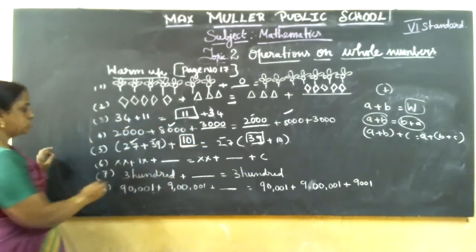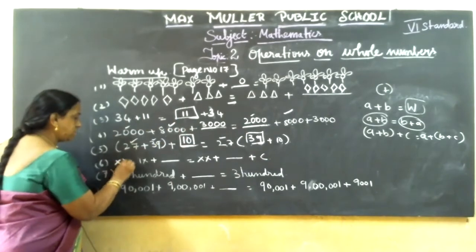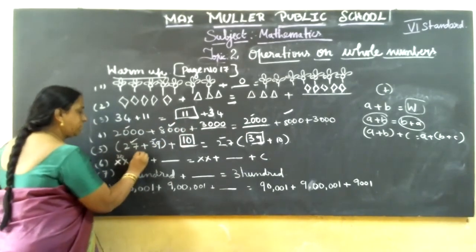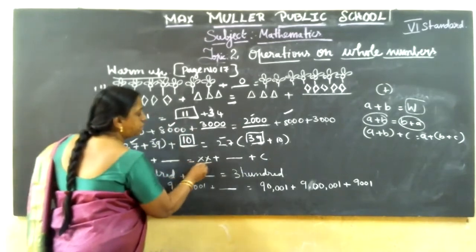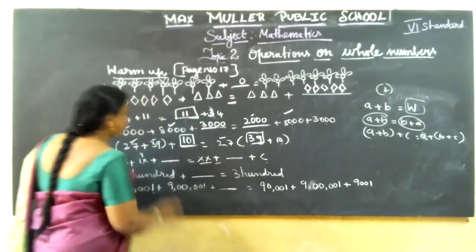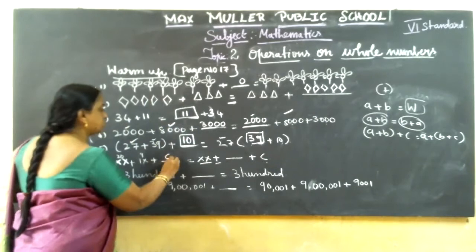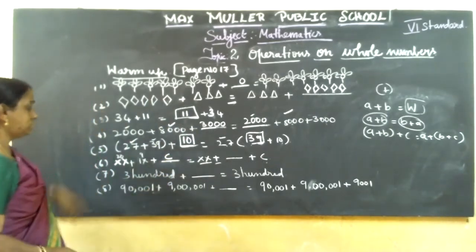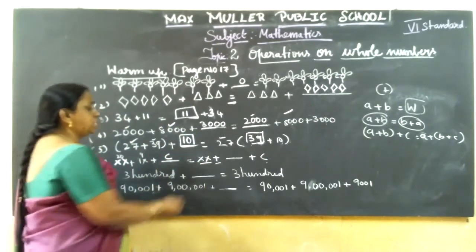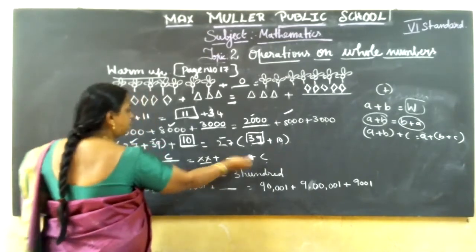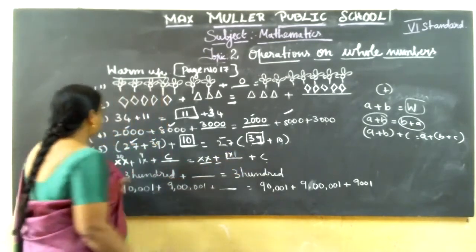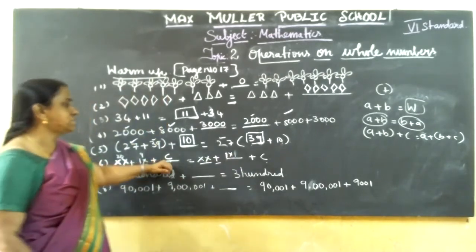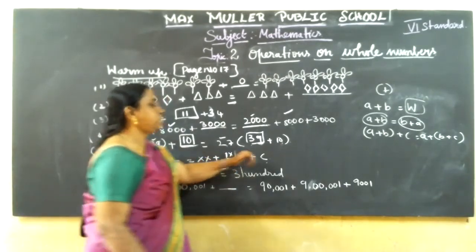Now here, this is a Roman number, 10 plus 10 equal to 20. 20 plus 9, plus what gives here? 20 plus dash 100. Here this side 100 is not there, so you write here 100. Here also 9 is not there. So now 20 plus 9 plus 100, 20 plus 9 plus 100.